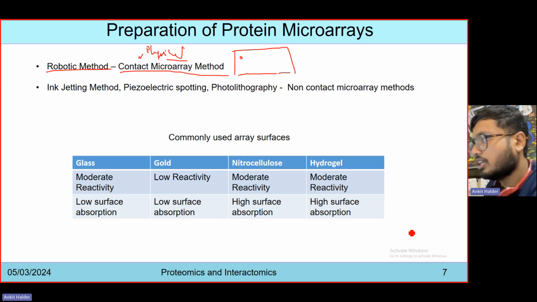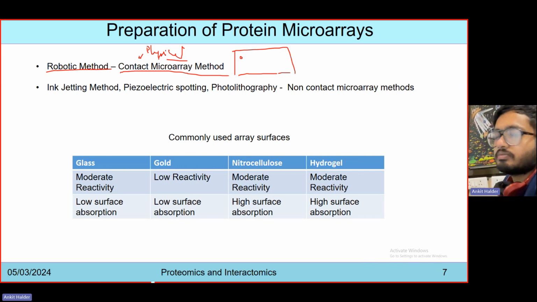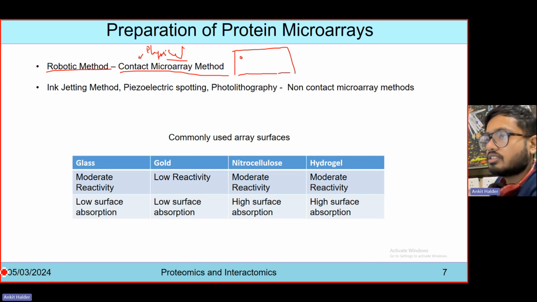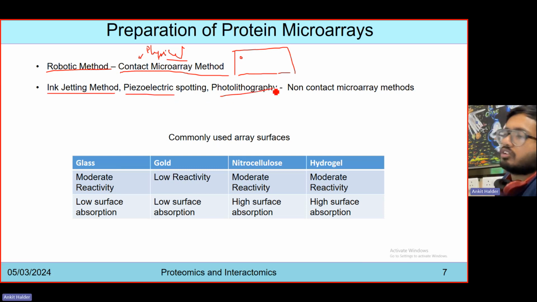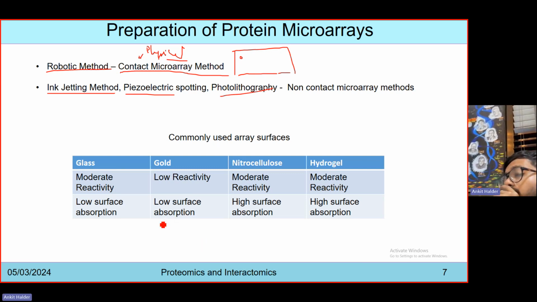Others are the non-contact microarray methods, which don't involve contact with the microarray surface. One is the inkjetting method, electric spotting, photolithography. So these are the non-contact microarray methods.